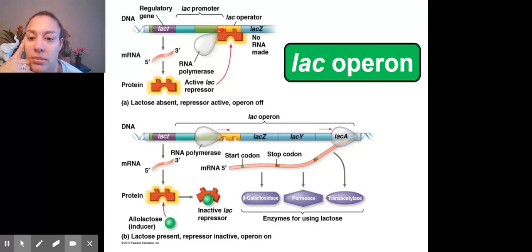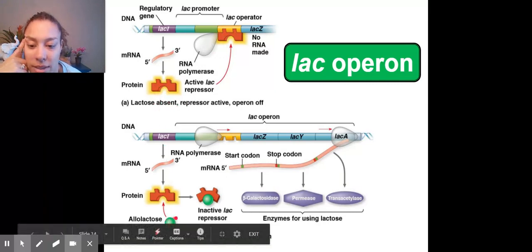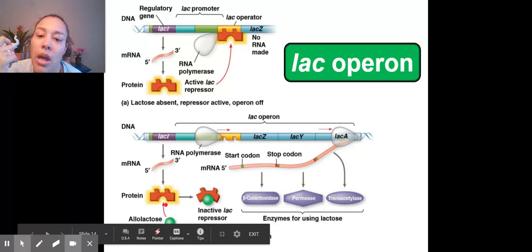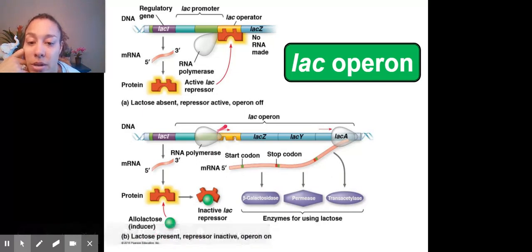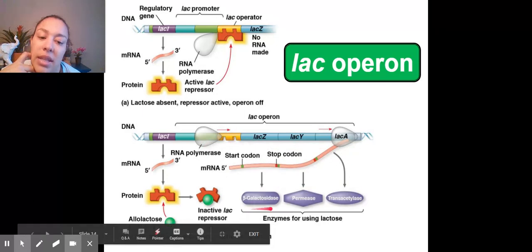And then in this region, that inducer or that ligand molecule, again, down here we can see that being made. It'll attach to our repressor, cause a little conformational change so that the repressor is released from that operator region. RNA polymerase can then go through and create the enzymes for using lactose and the breakdown of lactose, and allow that to occur.